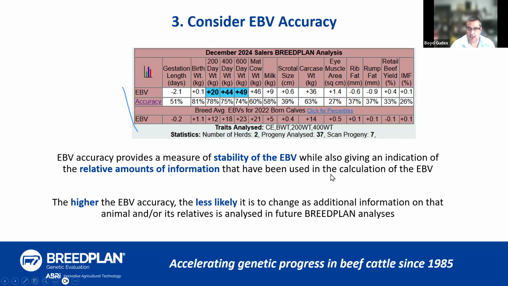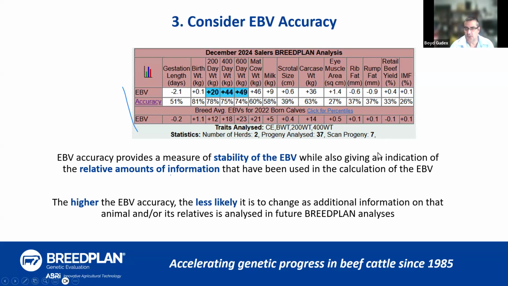So as you say, if you're looking at the birth weight and growth traits of this bull, reasonably high EBV accuracies of 74% and above, they're not going to change much as he gets more progeny and we see how they grow. However, if some more of his progeny were scanned for carcass traits, because these are lower heritable, lower EBV accuracy traits, they're more likely to change than the growth traits as more data comes on.